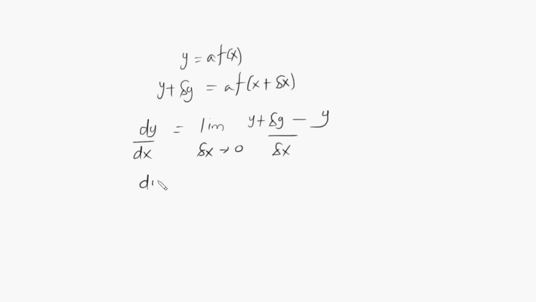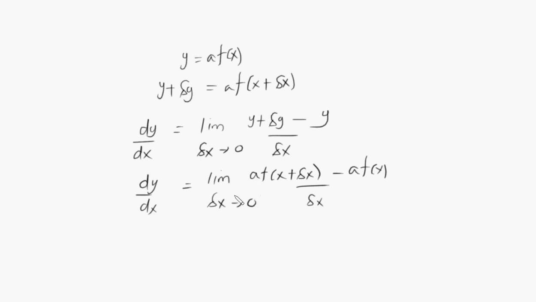So my dy dx, the derivative of y with respect to x, in short I just say dy dx, is just equal to the limiting value of this y plus delta y, is just this one is a times f(x plus delta x) minus a times f of x over delta x as delta x approach 0.